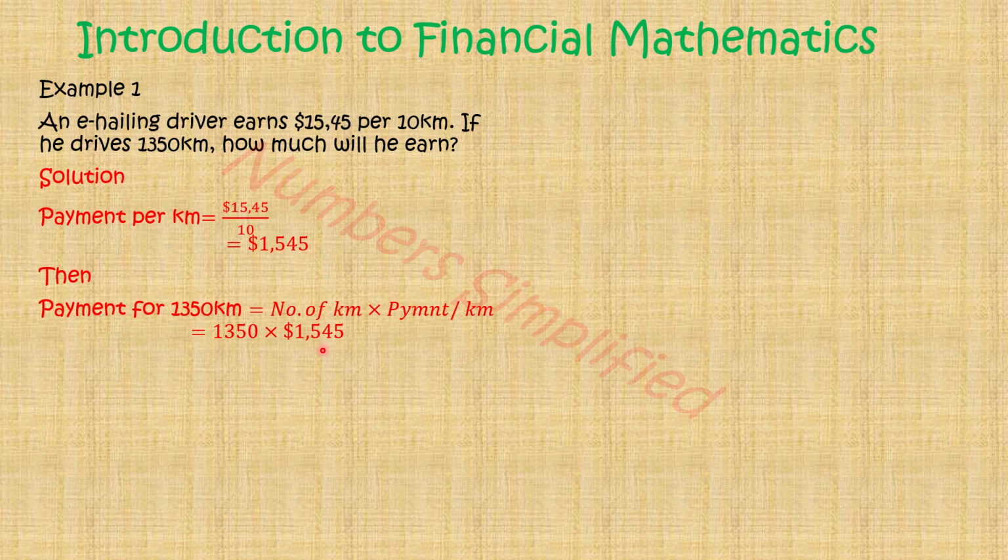Now multiplying this, we now get the final answer as $2,085.75. So now, take note. If we had dropped the last 5 from the 3 decimal places we had, this value would have been different. So now, this is what the driver would earn.